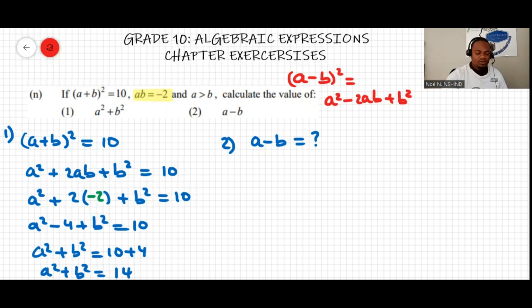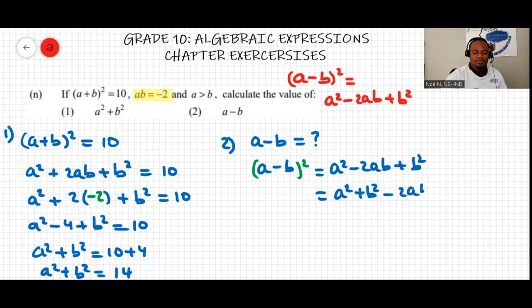So I will raise this part, a minus b, to the power of 2, and we will have a squared minus 2ab plus b squared. Then if I group a squared plus b squared, I put them next to each other, minus 2ab.